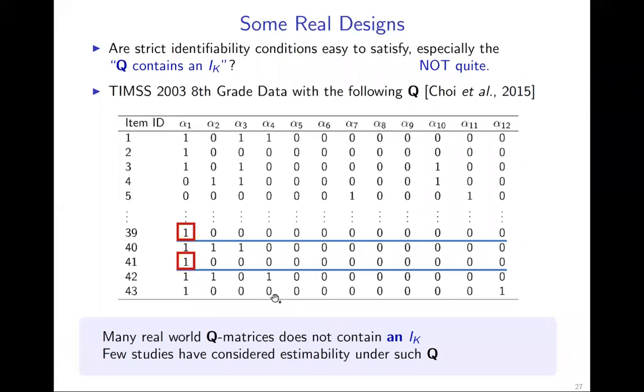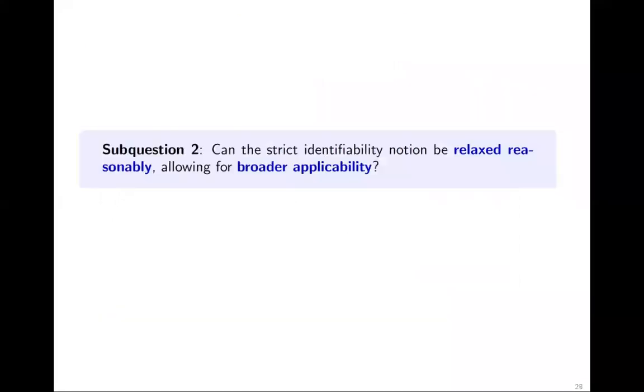And among the many row vectors I'm presenting here, only the first latent attribute gets solely measured by some questions. And all the remaining latent attributes are always simultaneously measured with some additional attributes. This is quite common, and it is desirable to investigate what conditions can lead to some identifiability guarantee here.